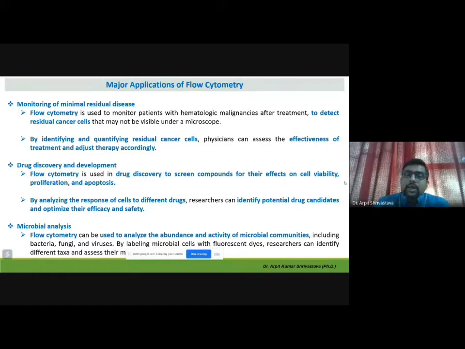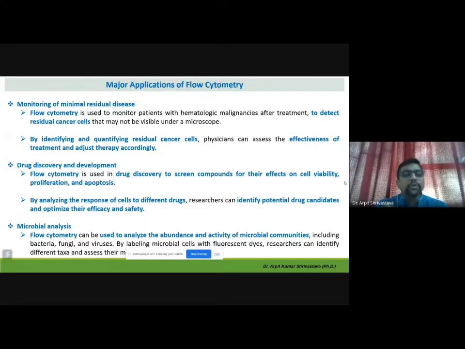So you want to see whether the particular drug or molecule is really causing damage to our cells. So we can do the cell cytotoxicity assay. We can see whether our cells are viable and survival is proper, so we can do the cell survival assay. These things can be done with the help of flow cytometry. In drug discovery these things are extremely important, and these objectives can be achieved by using the flow cytometry technique.